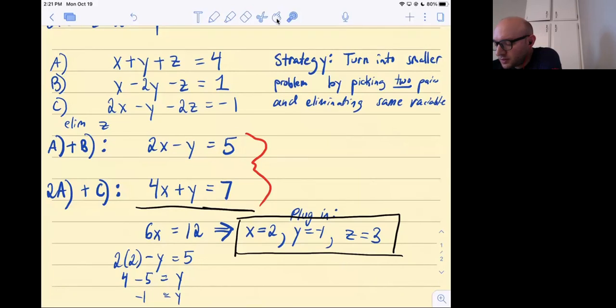We set them equal. Let me see here if there are some nice numbers, because I don't want to do anything with bad numbers. So let me see. Let's try number 11 from the book.